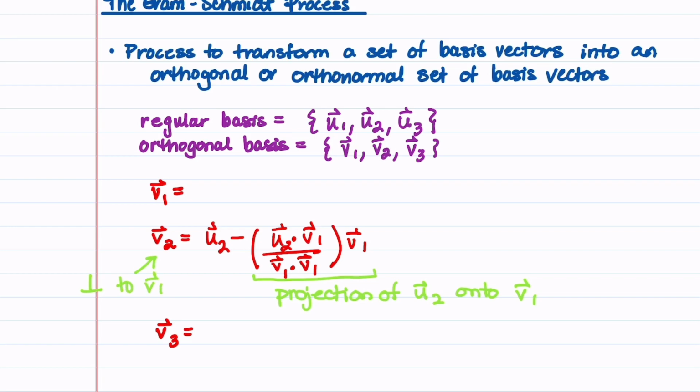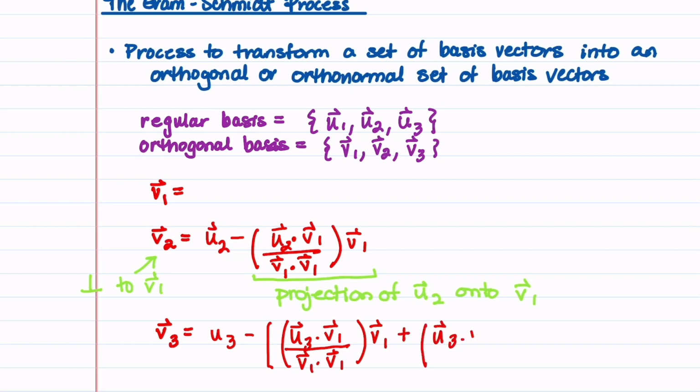v3 is equal to u3 minus u3 dotted with v1 divided by v1 dot v1 times v1 plus u3 dotted with v2 divided by v2 dot v2 times v2.